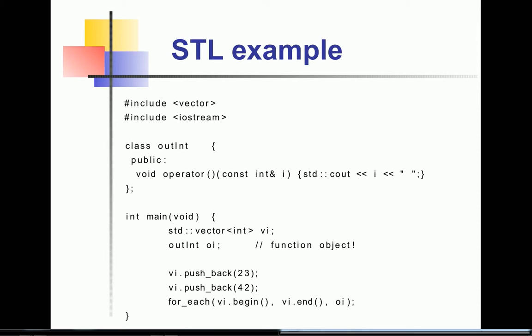You can add elements to your vector you just created and then call for_each from the beginning to the end of the vector, and on each element you call oi, the function object, which is essentially what map does in functional programming.